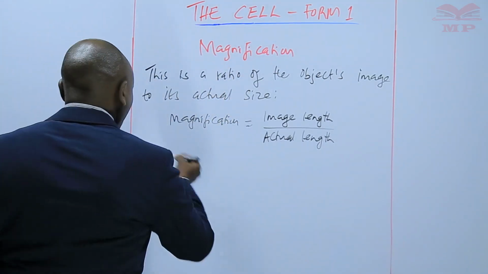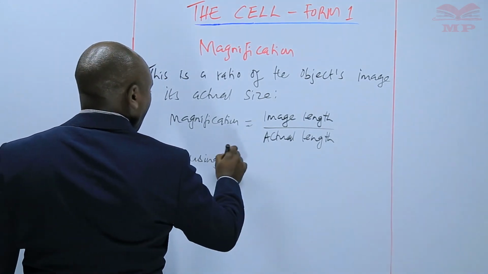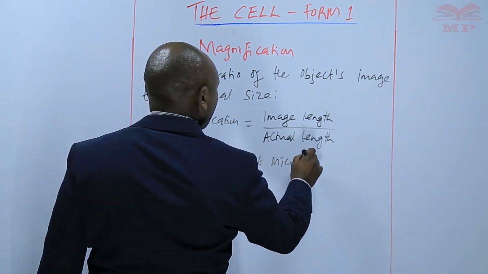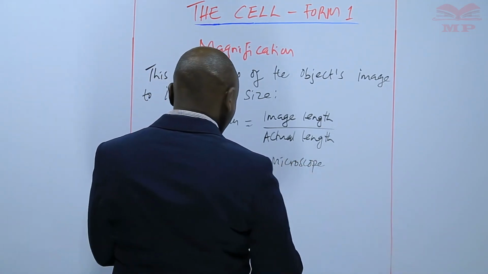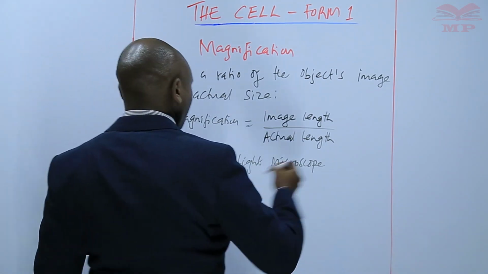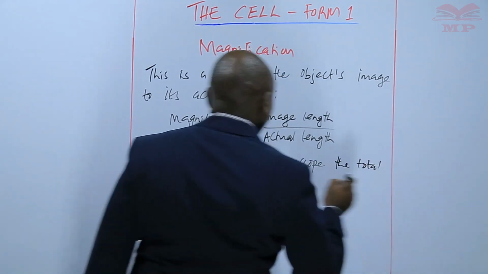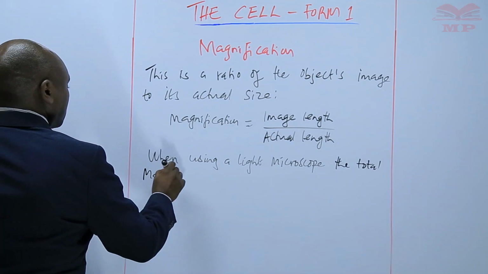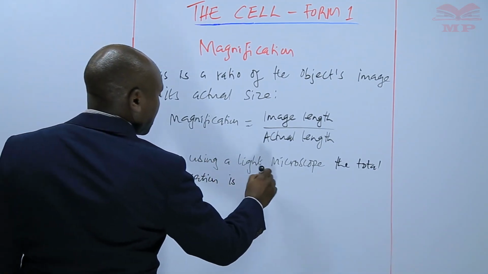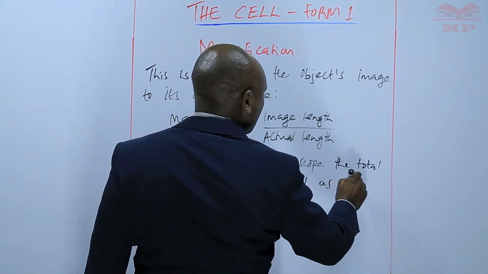So we'll say that when using a light microscope, the total magnification is calculated as follows.